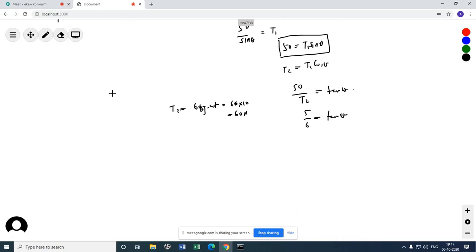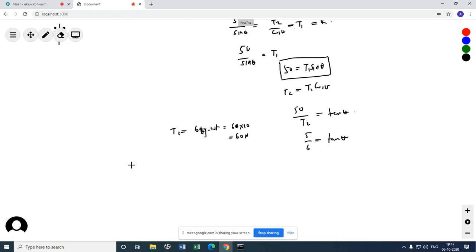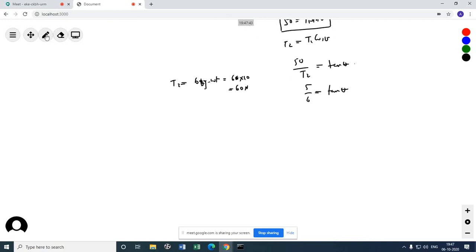How will you find the angle theta? So you see, theta is tan inverse of 5 by 6. Yes, but how much is the angle? How will you find it? You need to plot this curve. The tan curve is like this. This is tan 90, which is infinite, right?